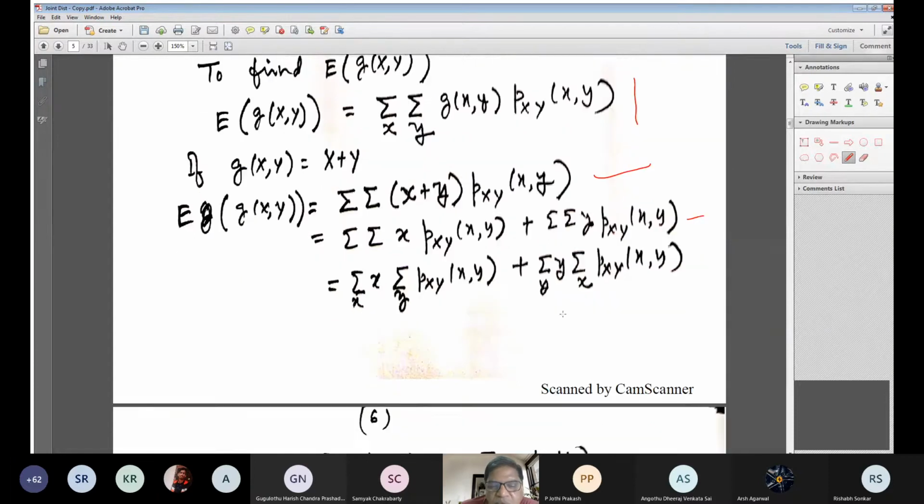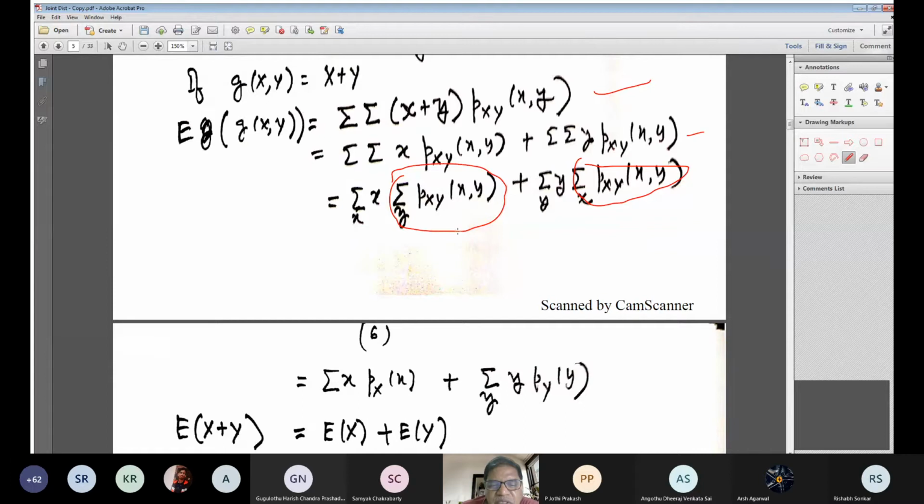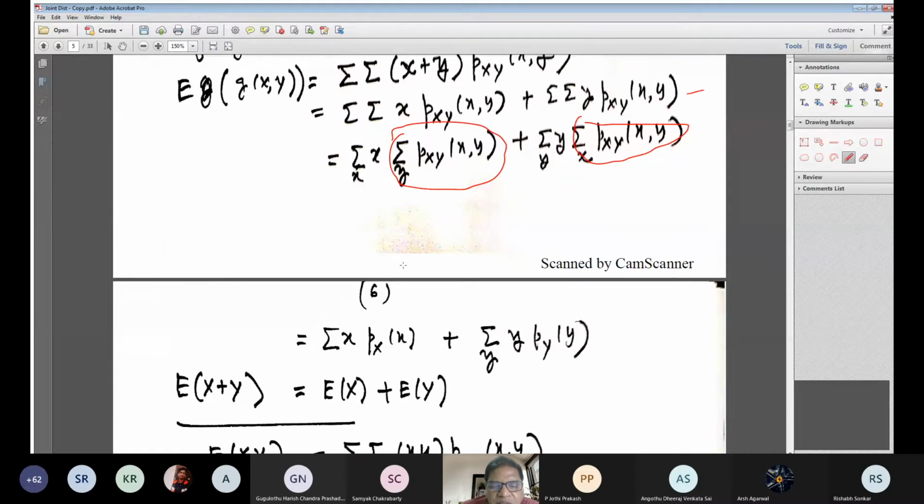Since in this particular expression we are summing the joint probability over y, and here we are summing the joint probability over x, these two expressions give you the marginal probability of x and the marginal probability of y.